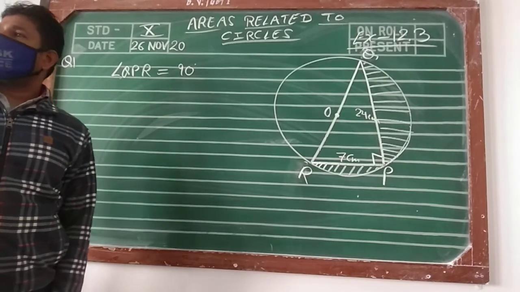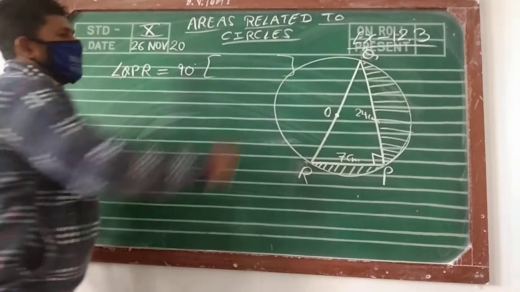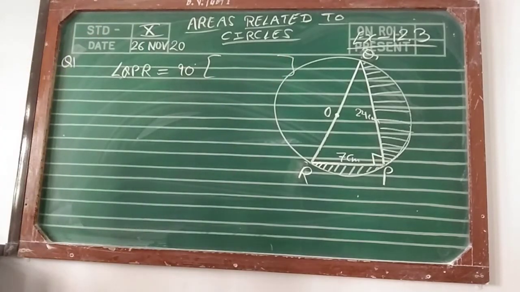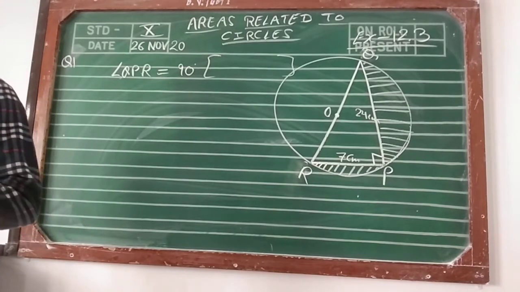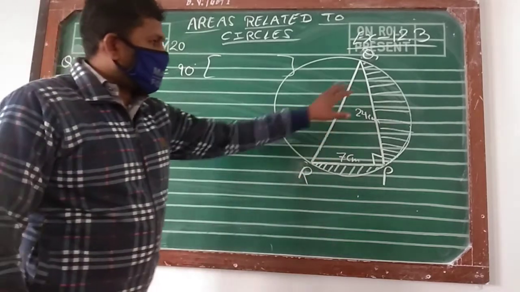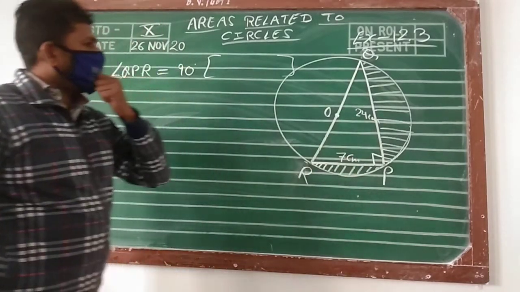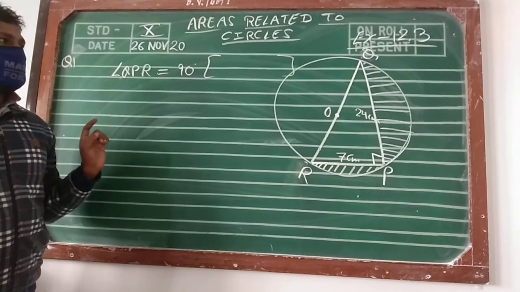Angle in the semicircle is a right angle. You should write the reason when you are writing this. Write down in brackets: angle in the semicircle. This theorem we have in class 9. Angle in the semicircle is always a right angle. In many questions you have to use this concept. Get the right angle by using that theorem.